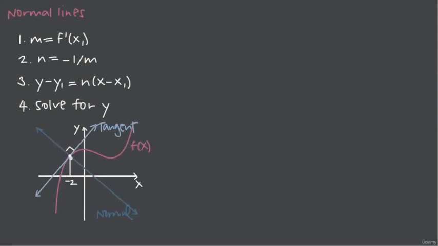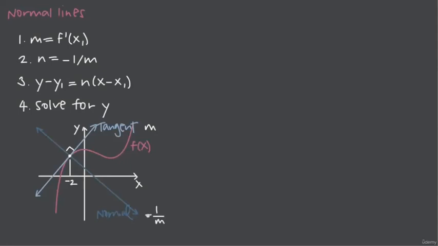So if we want to find the normal line to a function at a particular point, like we've done here, what we do first is we find the slope of the tangent line, because we know that perpendicular lines have slopes that are negative reciprocals of one another, which means that if the slope of our tangent line is m, then the slope of our normal line is going to be negative 1 over m.